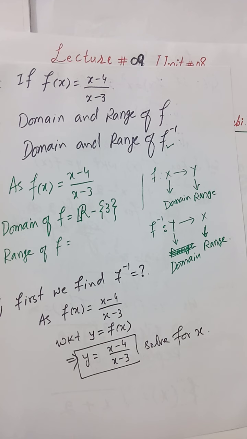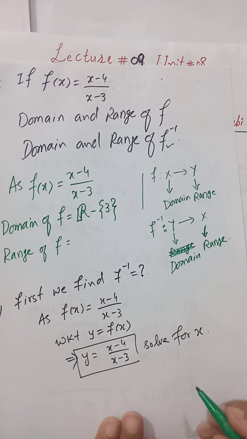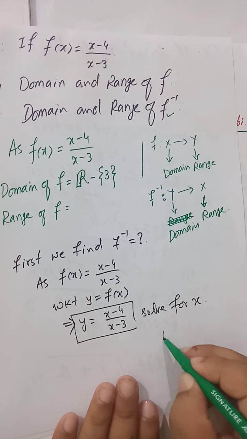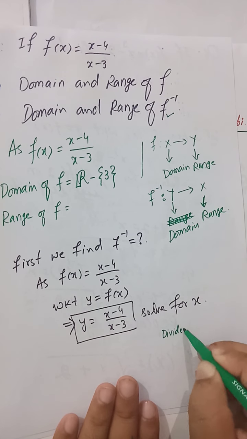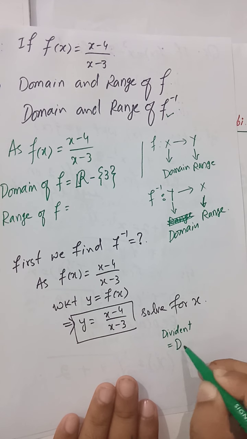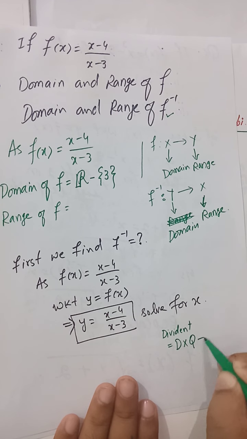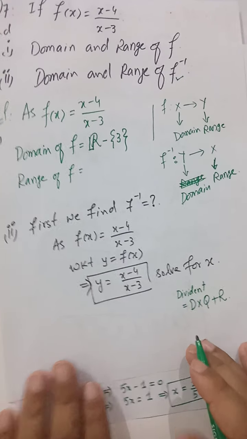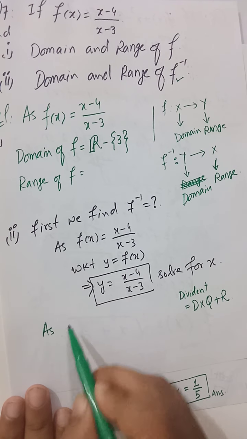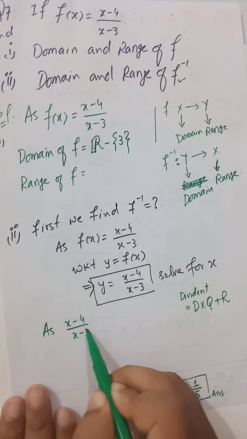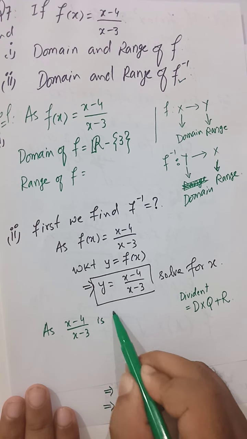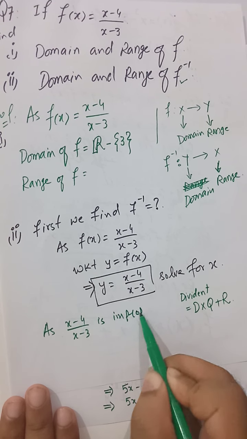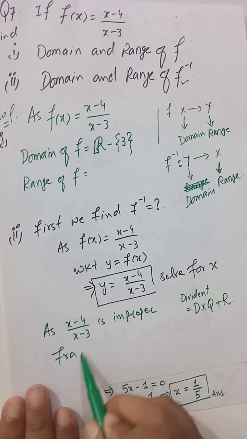When converting, you will get a constant polynomial plus a proper fraction, and we will use the relation that dividend is equal to divisor multiplied by quotient plus remainder. So (x minus 4) divided by (x minus 3) is an improper fraction.